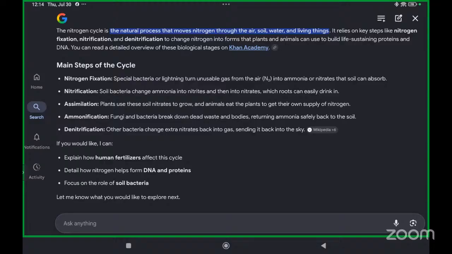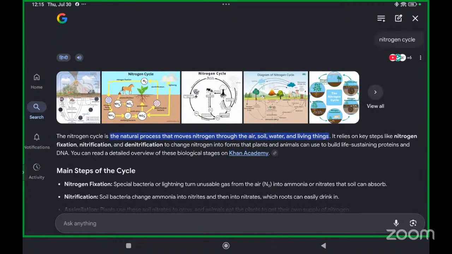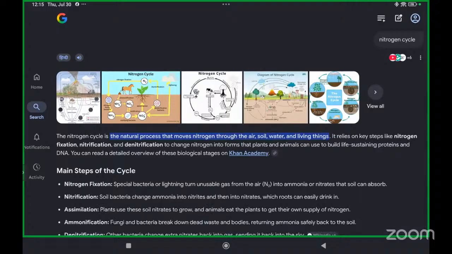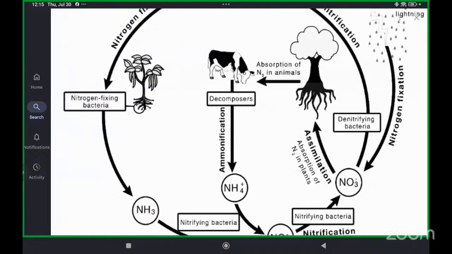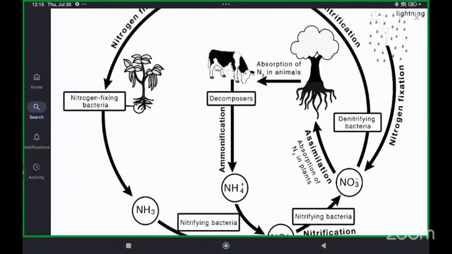So the cycle is known as the nitrogen cycle, and the steps are known as nitrogen fixation, nitrification, assimilation, ammonification, and denitrification. But you don't have to memorize the names of these steps. You can see that the cow absorbs the N2 from the plant.